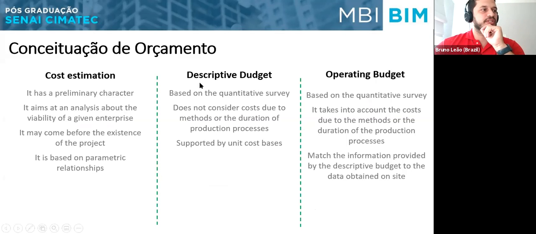When we talk about the descriptive budget, it's based on quantity surveys, does not consider cost due to the methods or the duration of production processes, and it's supported by unit cost basis. And the operating budget is based on quantity surveys. It takes into account the cost due to the methods or the duration of the production process, and matches the information provided by the descriptive budget to the data obtained on site.